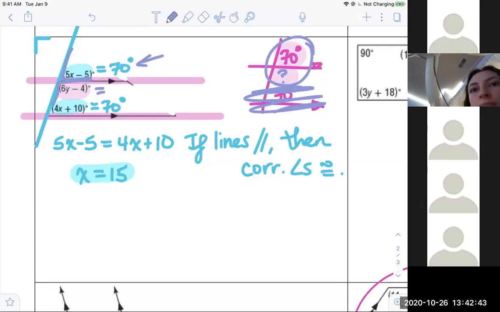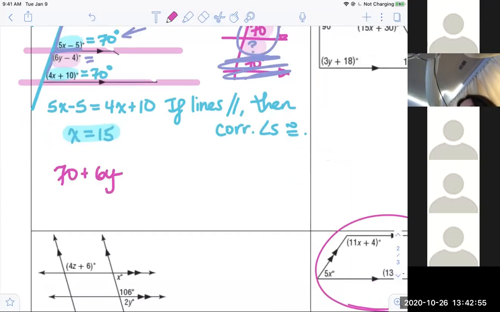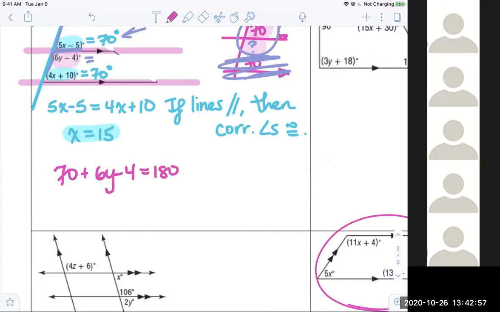180. So if that's 70, that means that one's going to have to be how much? 110. So you can do it either by saying 70 plus 6y minus 4 equals 180, or you can just say that 6y minus 4 equals 110, whichever way makes sense to you. Sometimes students like to find the actual number, make that equal, and sometimes you'd rather write that they add up to 180.